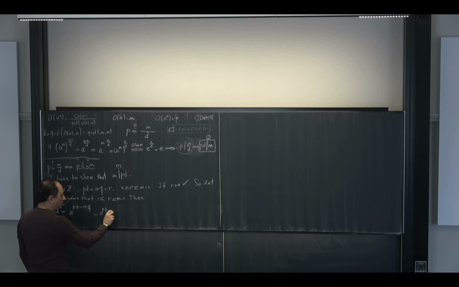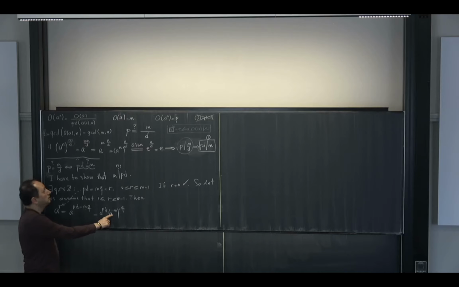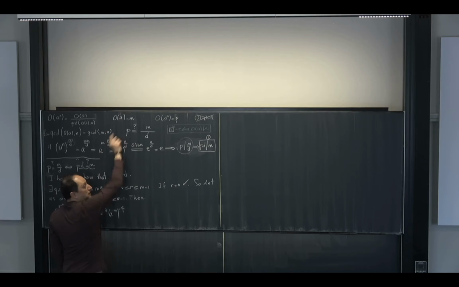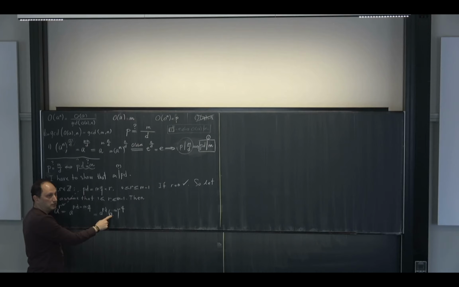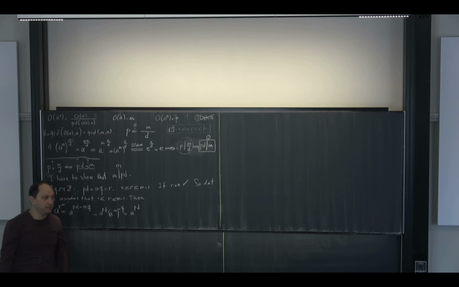This becomes a to the power of minus MQ. Do you agree? I'm just doing simple algebra. But what is this one? The order of a is M. So this is e. e to the power of minus Q is e. Then I will have a to the power of PD. This is not bad, but this is not good enough, because I want to have e at the end. Unfortunately, I have a to the power of PD.